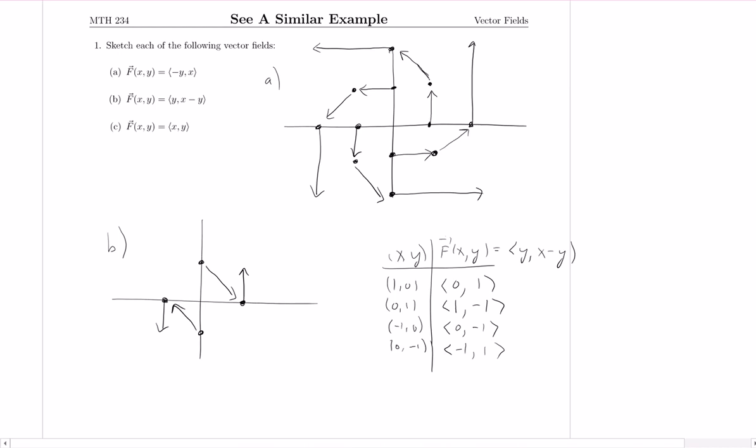Okay, well, we can't really see what's going on yet. We haven't really picked enough points. Let's go out farther. If I pick (2, 0), I'm going to get (0, 2). So this just points up and longer. Same thing here, point down and longer. What if I pick (0, 2)? Then I get (2, negative 2). So again, it points diagonally that way. Similarly, this will just be longer. Let's pick some stuff out here, about (negative 1, 1).